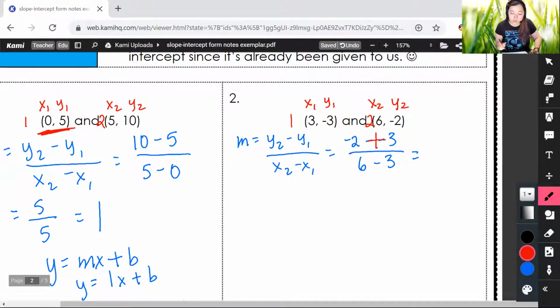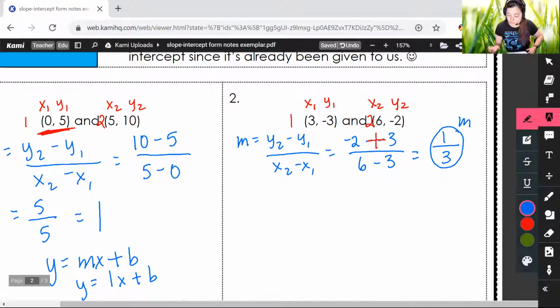So this becomes -2 plus 3. -2 plus 3 is 1. 6 minus 3 is 3. So this is our slope right here. I'm going to highlight this in blue because we're going to need it a little bit later.